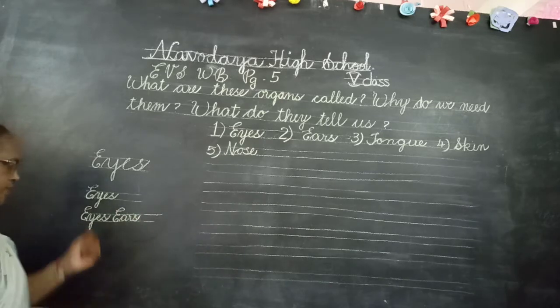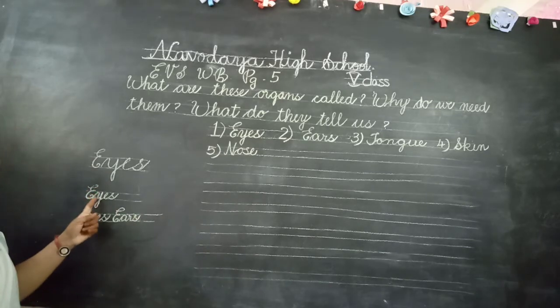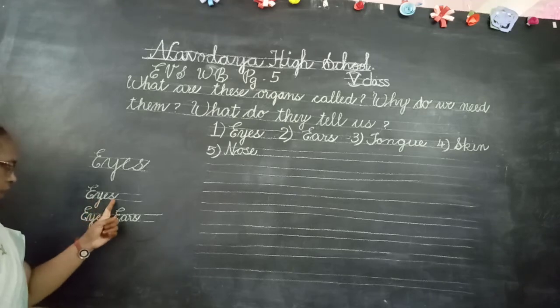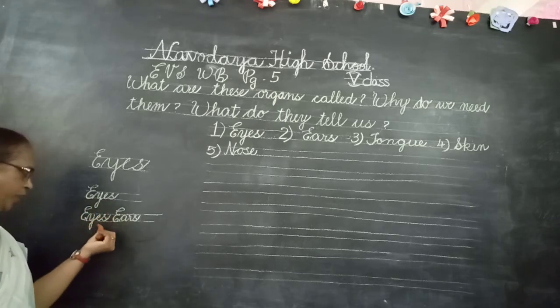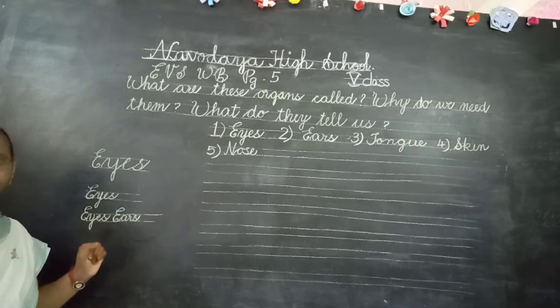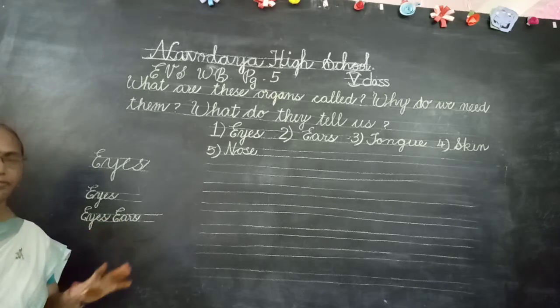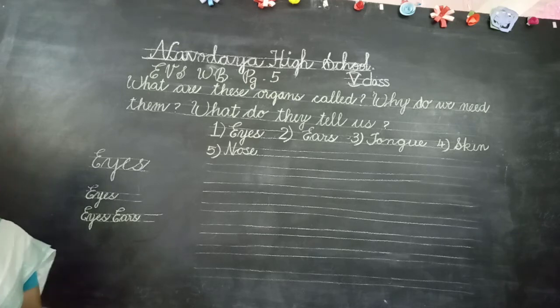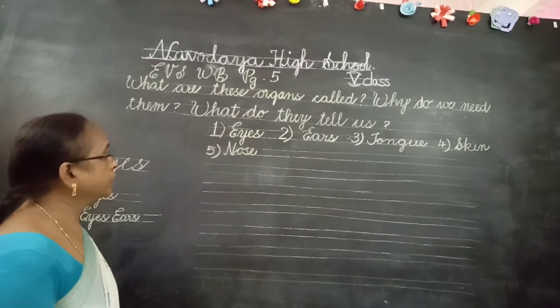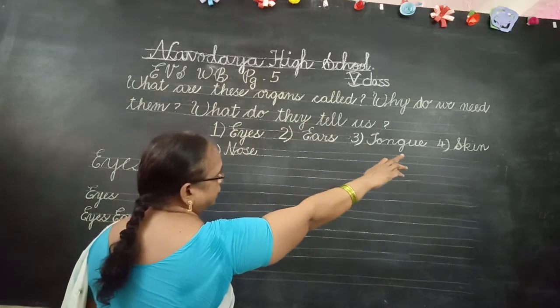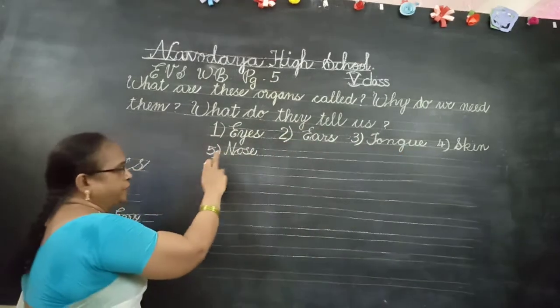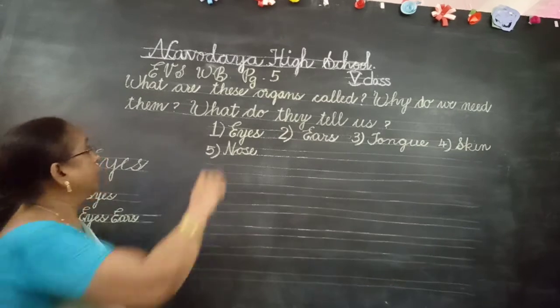The space between letters is small, and the gap between the words is also small. Understand? Now write with me. I told you already, first one is eye, second one is ears, third one tongue, fourth one is skin, and fifth one is nose.